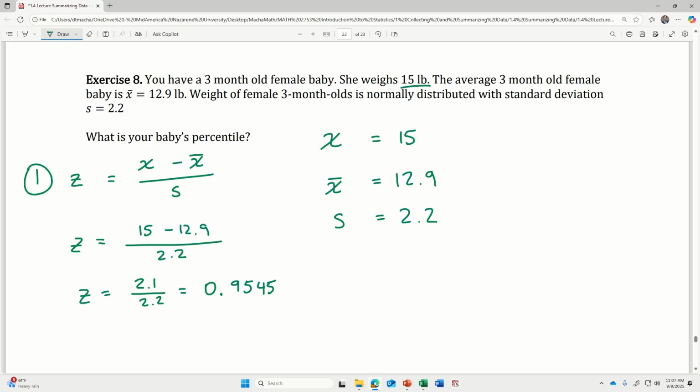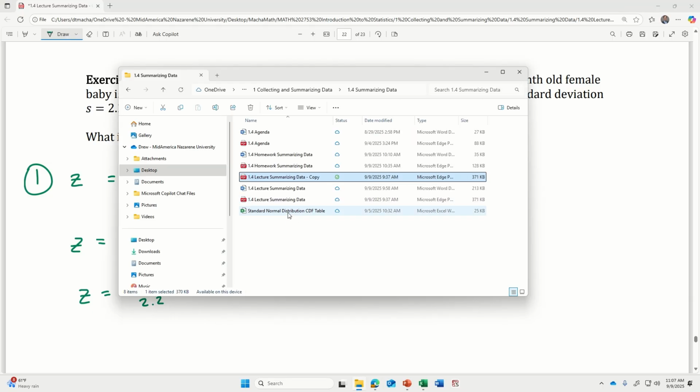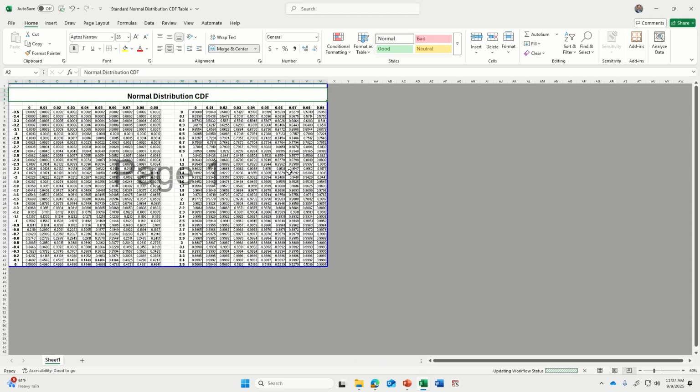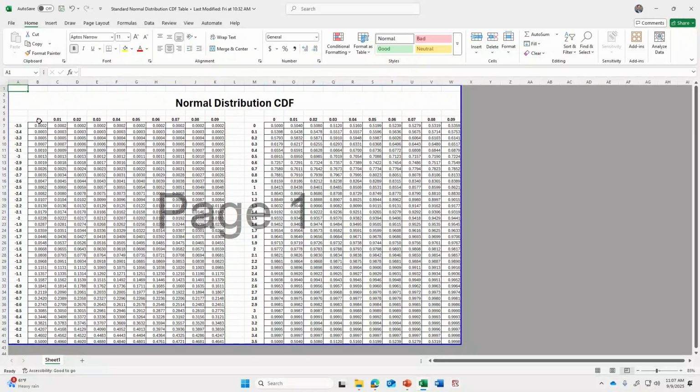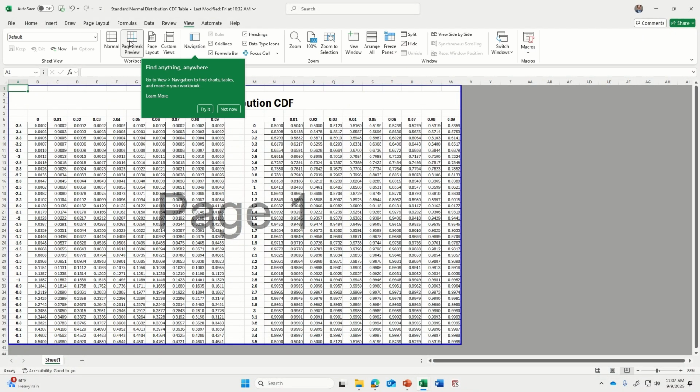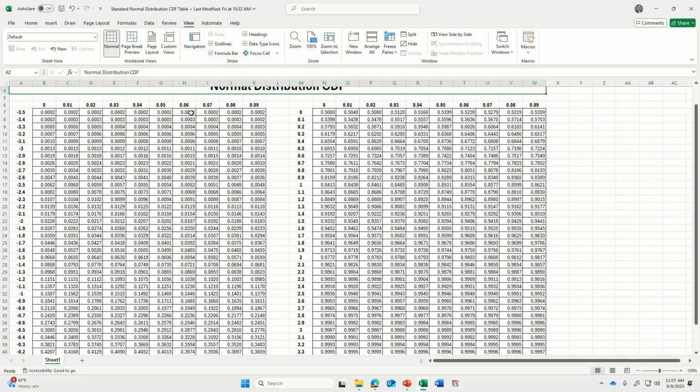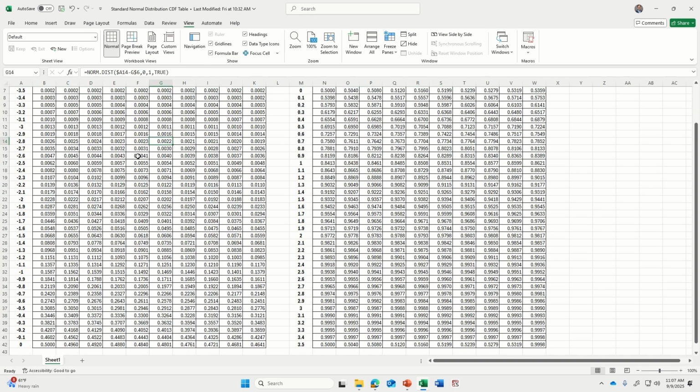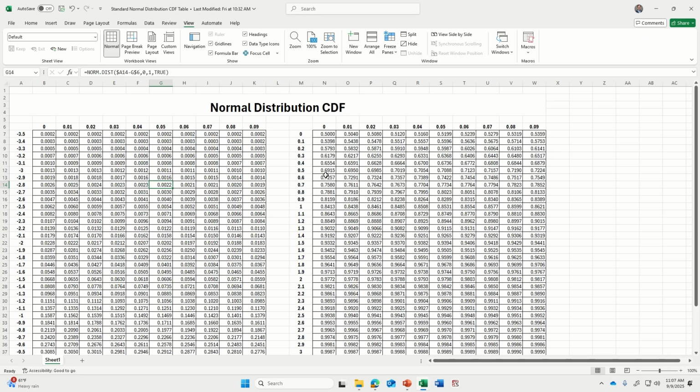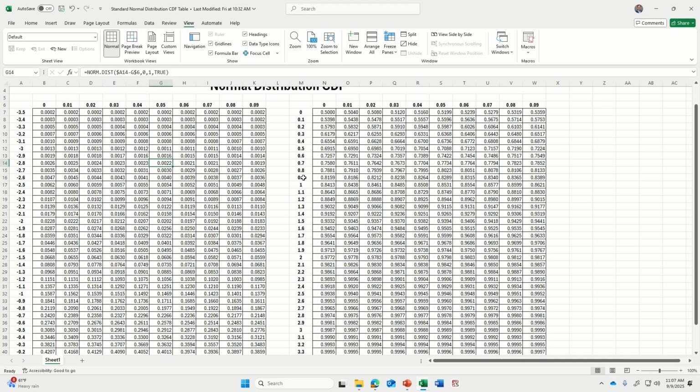I just have to find a digital version of that table that you're holding. And you get this table. What we're looking at is a z-score of 0.9545. So that would round to like 0.95.